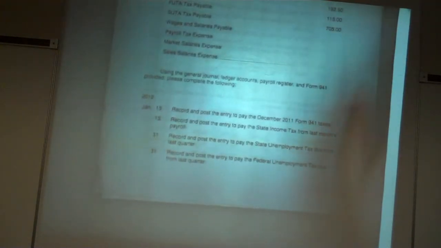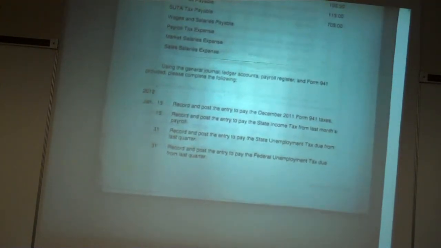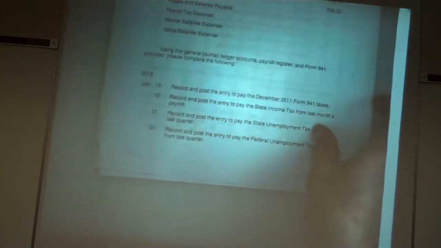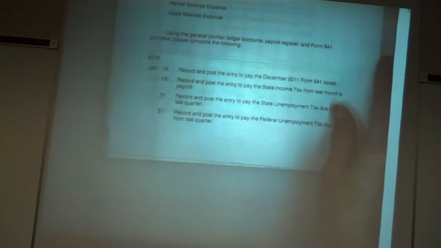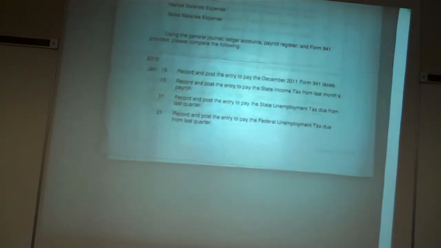It says, using the general journal, ledger accounts, payroll register, and Form 941 provided, please complete the following. On January 15th, record and post the entry to pay the December 2011 Form 941 taxes.